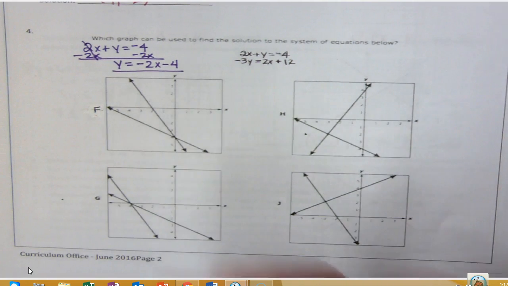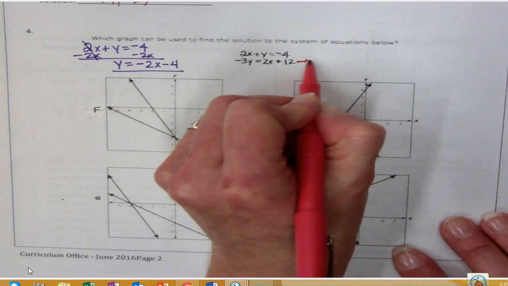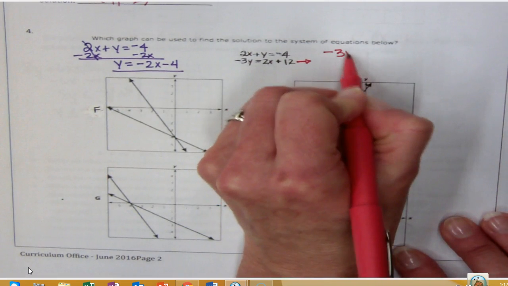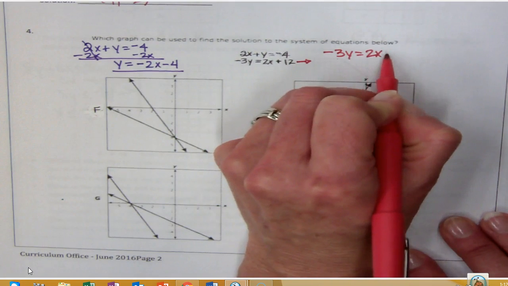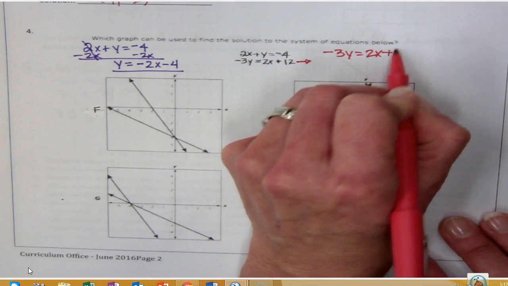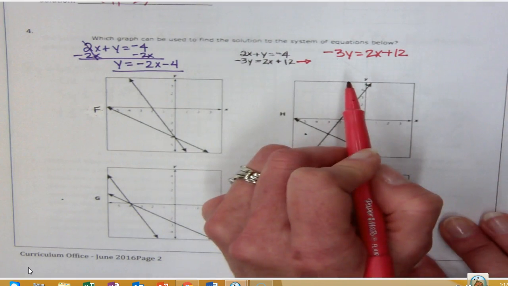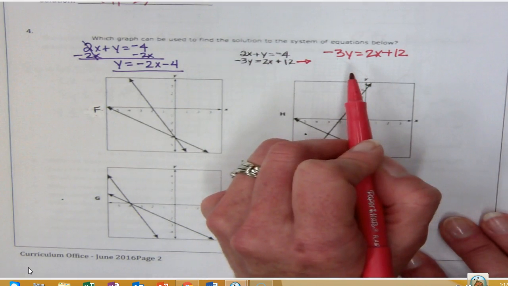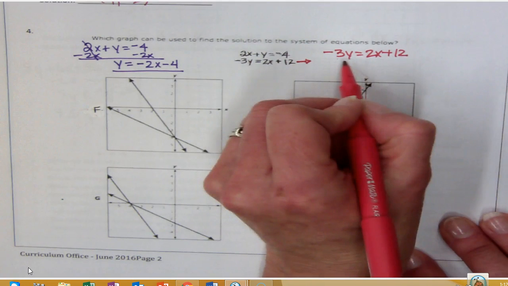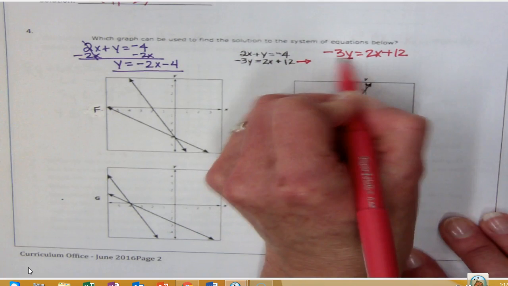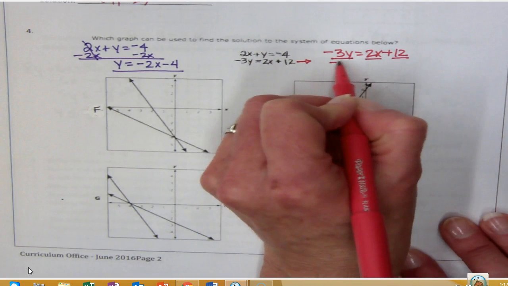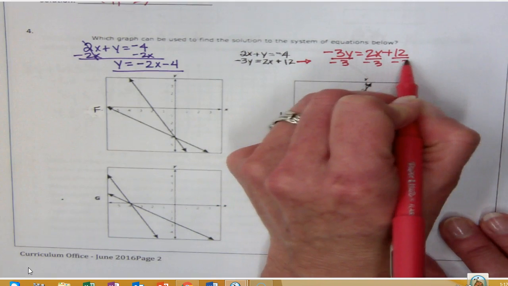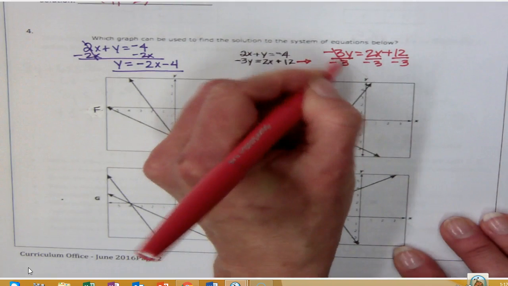Then I go to the next equation, and I get negative 3y equals 2x plus 12. That's close to slope-intercept form except for the negative 3 that's there. So I need to get y completely by itself, so I'm going to have to divide everything by negative 3. And these cancel each other out.